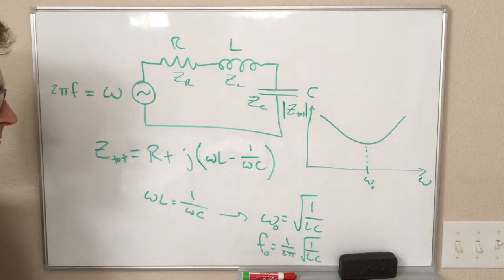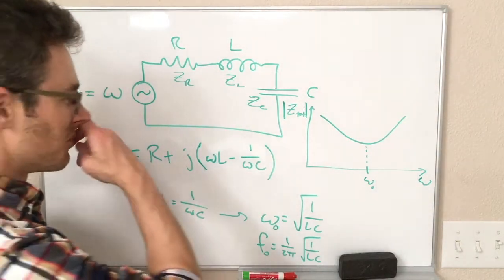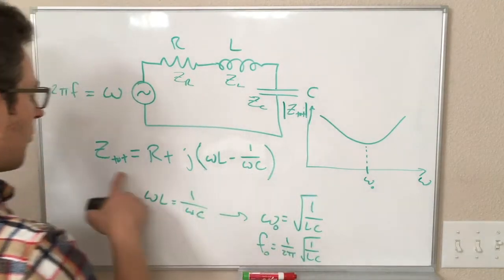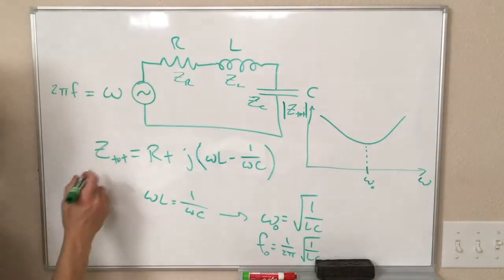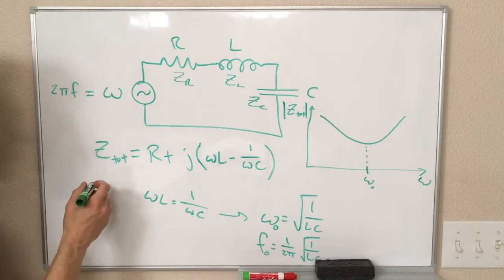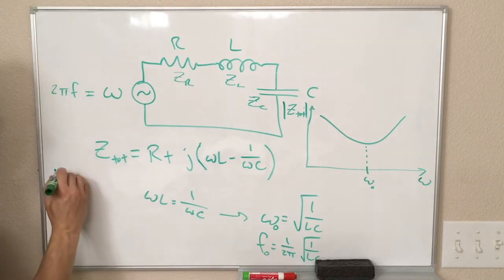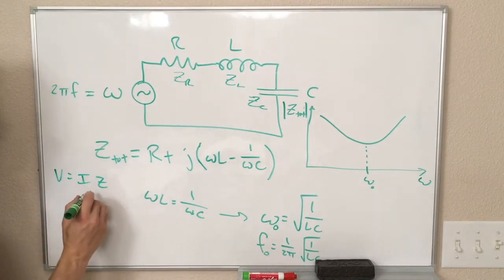Okay, cool. So why is this important? Well, if we think about what Z is doing, remember, Z is the ratio of the voltage to the current, right? Ohm's law, V equals IZ.